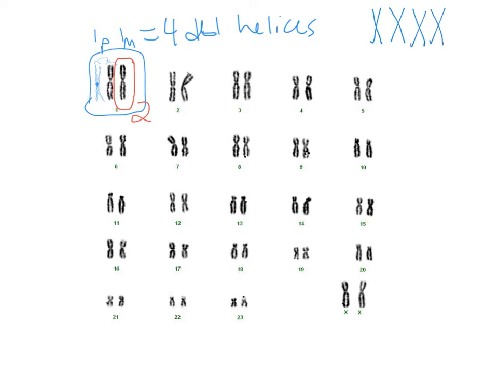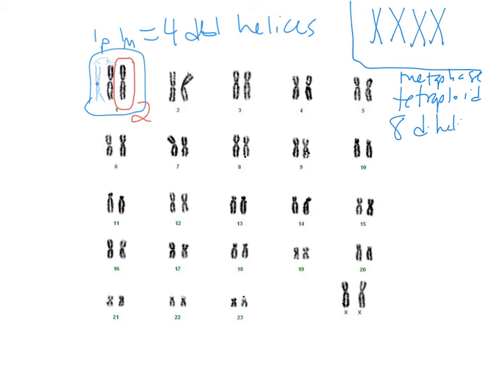You'd see something like that in a karyogram. So at metaphase, a tetraploid, how many double helices is that? 8. 8 double helices. Yep.